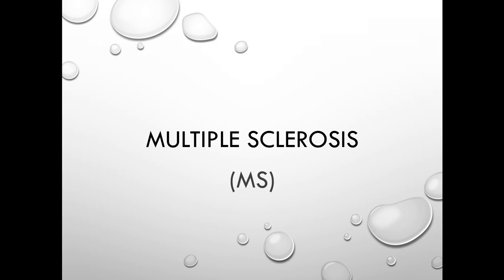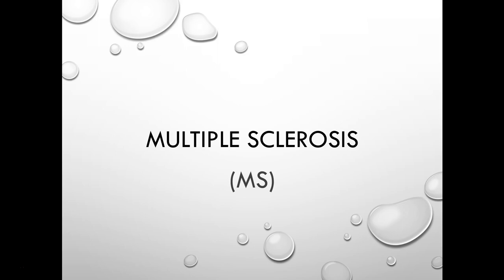So, when we're looking at MS, multiple sclerosis, some people say it's an autoimmune disease that affects the central nervous system. It affects the nerves. In the nerve endings, we have what we call myelin sheath.